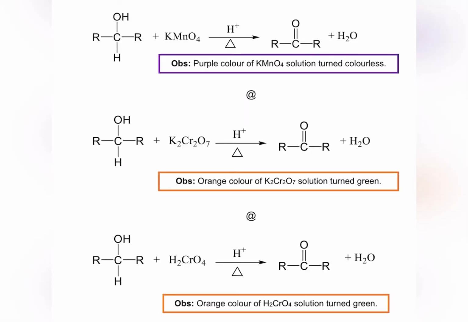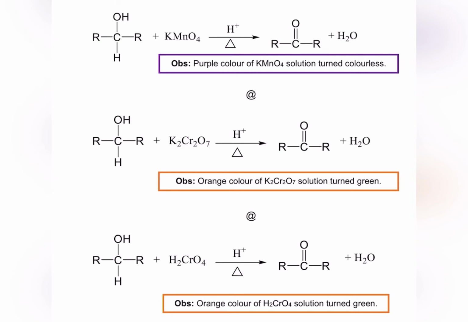I have three different equations here where I use the same general secondary alcohol as you see here, but different strong oxidizing agents. The first one I use potassium permanganate. The second one I use potassium dichromate, or you can also use sodium dichromate, but I just choose one of them.